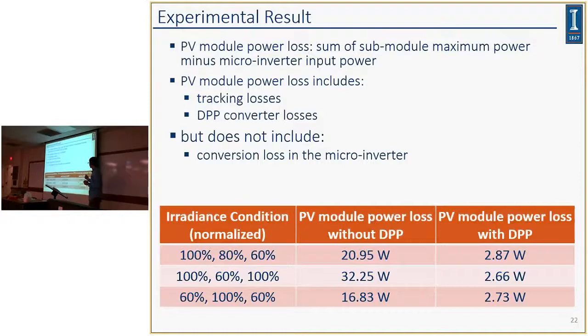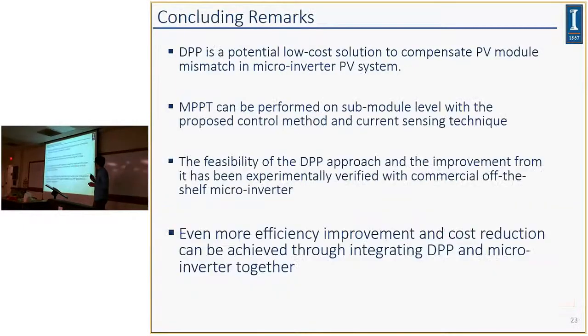But once we turn on the DPP, we reduce the potential power loss by about 20 times. So it does improve the benefit of merging DPP with the microinverter. Here is my concluding remark.